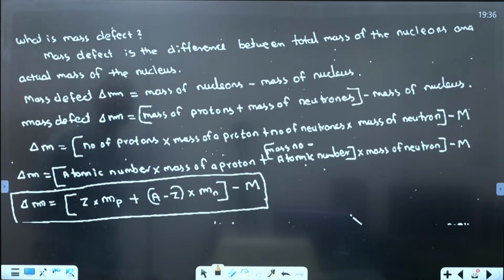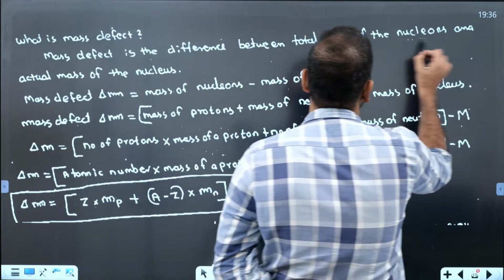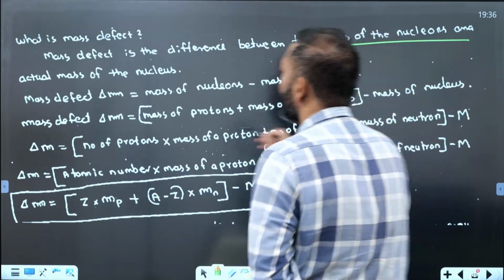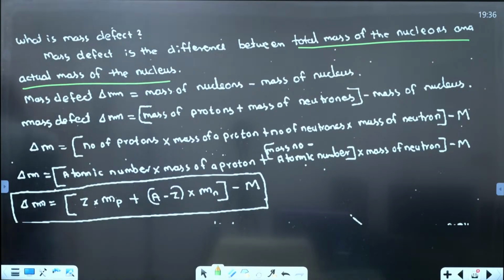What is mass defect? Mass defect is the difference between the total mass of the nucleons and the actual mass of the nucleus. Theoretically, the mass of nucleons and the mass of the nucleus should be equal.